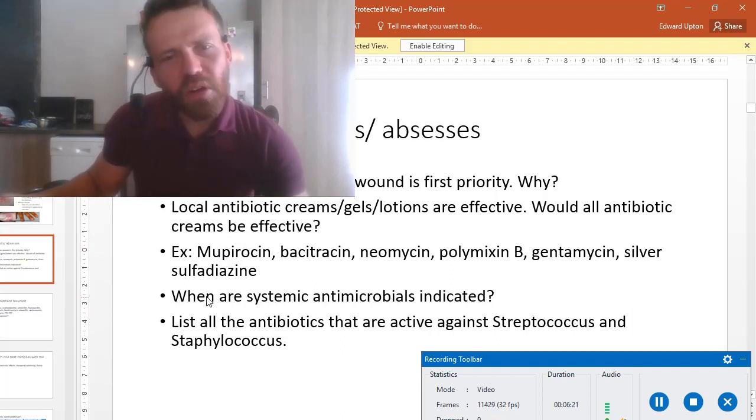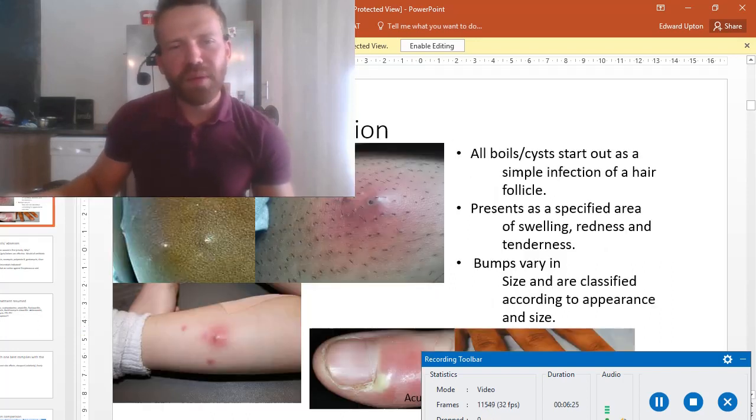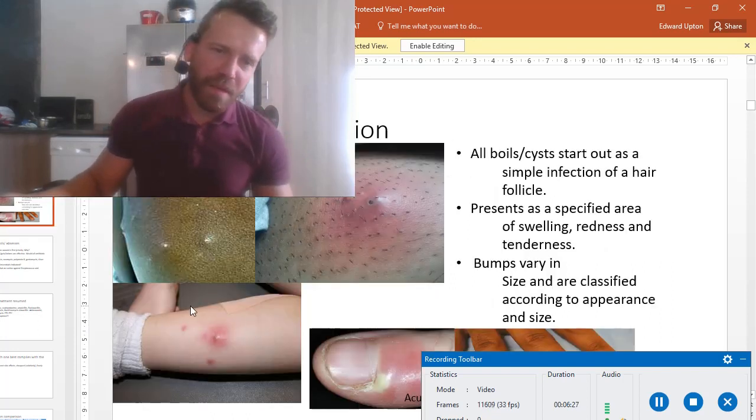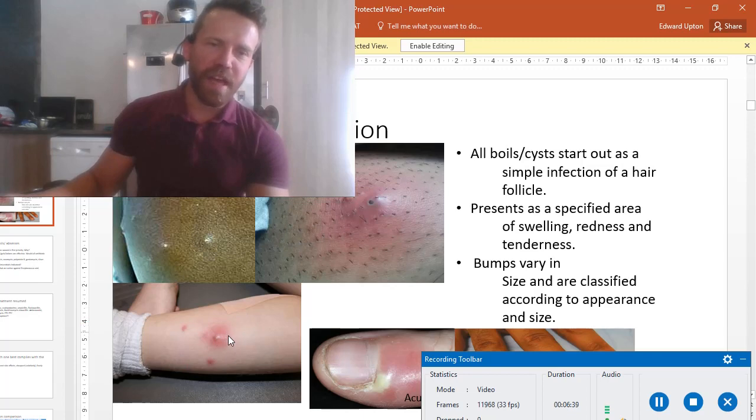So when are systemic antibiotics indicated? Systemic antibiotics only become indicated when this area becomes more diffuse. So the swelling here is actually involving the surrounding area. So there are symptoms of cellulitis. Cellulitis is simply a diffuse skin infection. And if you have this and some of this, is it not the cervical nodes?